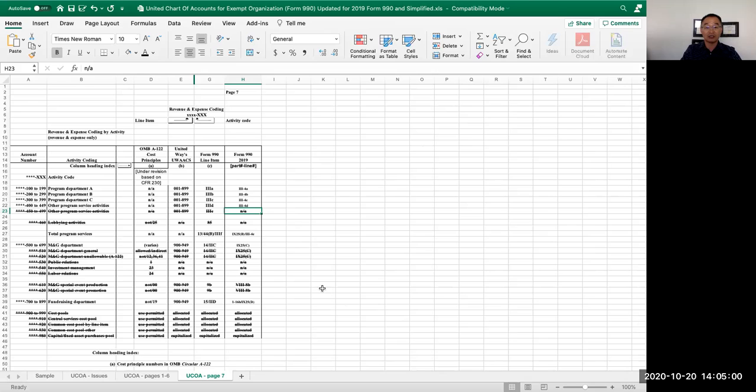So if we use a complex uniform chart of accounts, it's confusing to them. And then sometimes they feel like, oh, maybe this is something we have to follow strictly, and it's a waste of time and energy, and it's confusing. So I hope this simplification will help organizations to streamline the accounting process and improve some efficiency. Thank you.